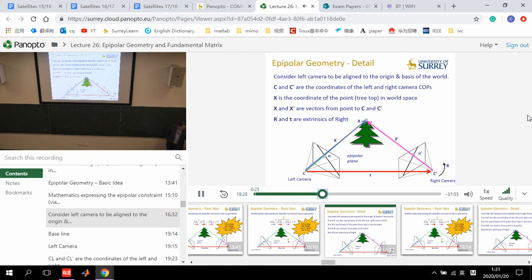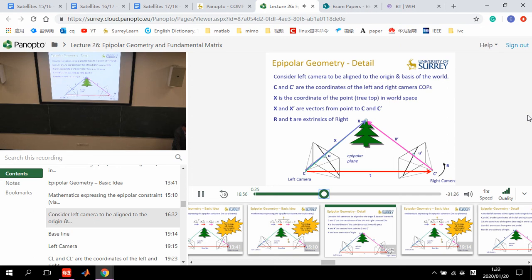We're going to call big X the coordinates of the point in the world that's being imaged. Equivalently, this ray of light we're going to call X, because if big X is just the coordinates of the point in the world, and C is now at the origin of the world, then this X is just the vector that takes us to the point X. It's the offset of X from the origin, just a 3D vector.